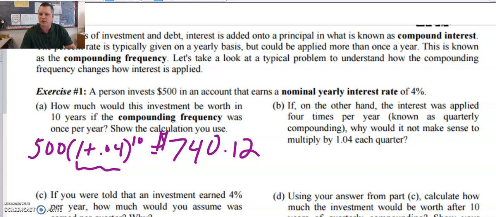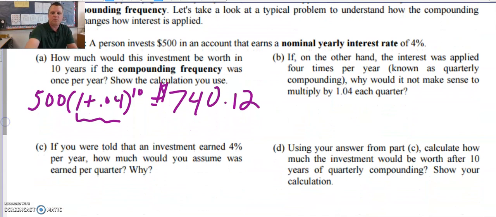And the interest was applied 4 times a year, known as quarterly compound. Well, if you did that, then you would be doing it every quarter, the 4% interest per quarter. Okay?